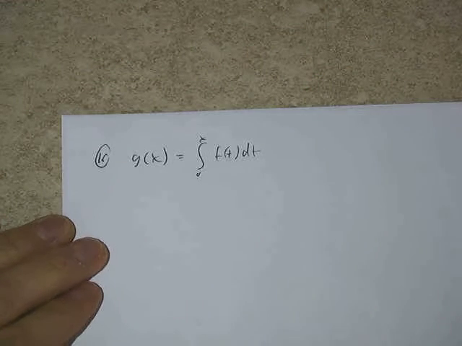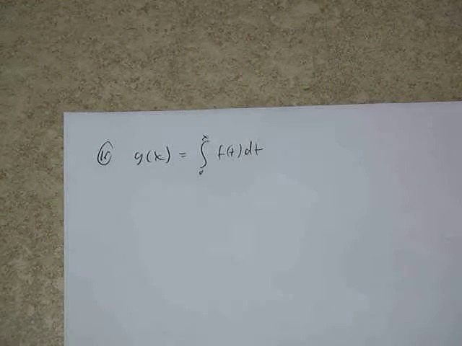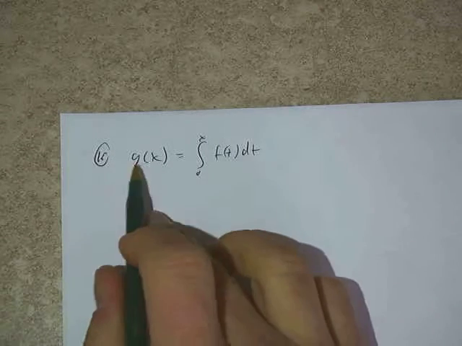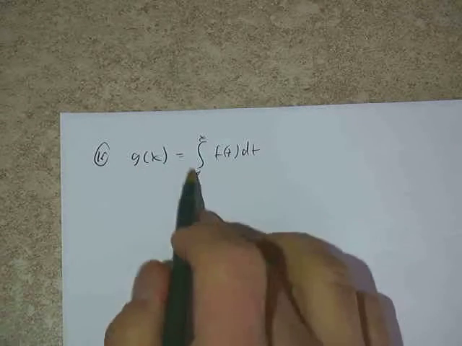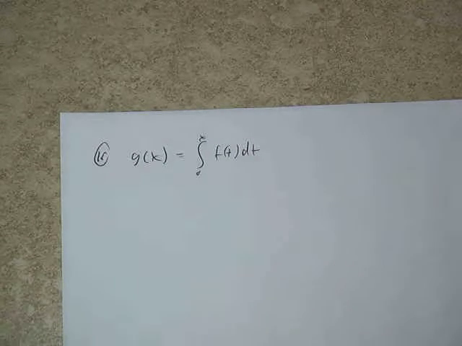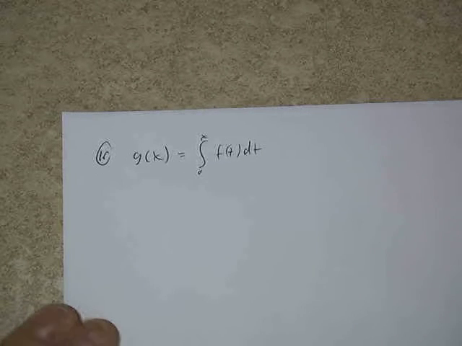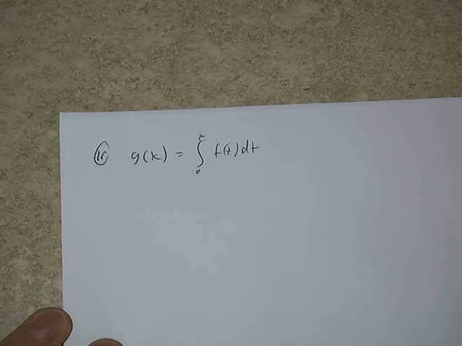For what values of x does the graph of g change from concave up to concave down? Keeping in mind that g is defined by the area here, if we want to know something about g's concavity, then we need to know something about g's second derivative.